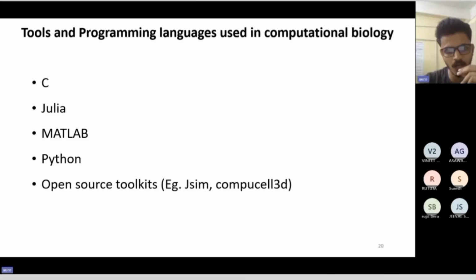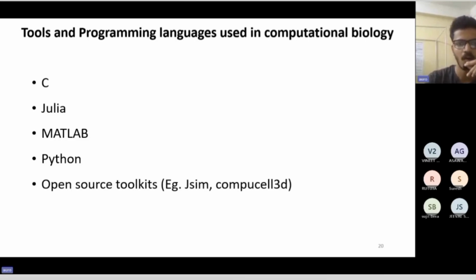Although these are easy to learn, you will feel it when you are doing actual simulation, studying an actual biological tissue or biochemical reaction. If your system is very complex and large, then these interpreted languages, although easy to write, will not be that fast.